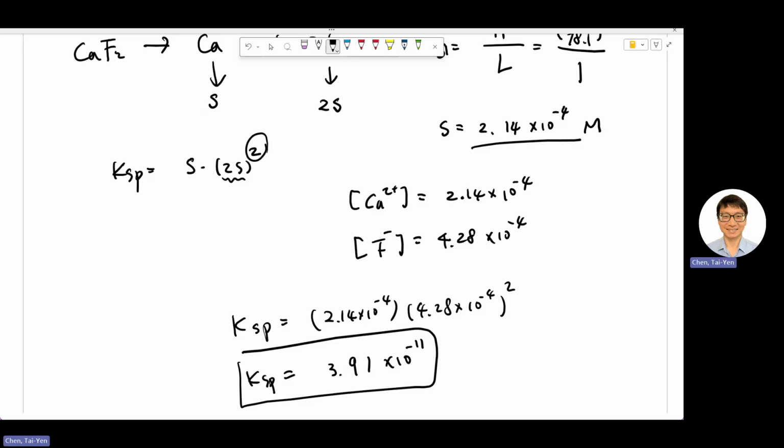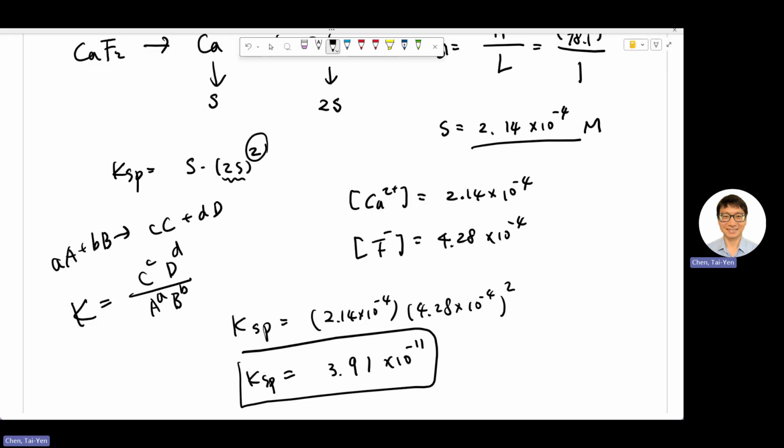You mean why I put 2 here? So how do you actually write the equilibrium constant? If you have A plus B going to C plus D, how do you define your K? C to the c's power, D to the d's power, over A to the a's power, B to the b's power. That's the definition, right? Okay.